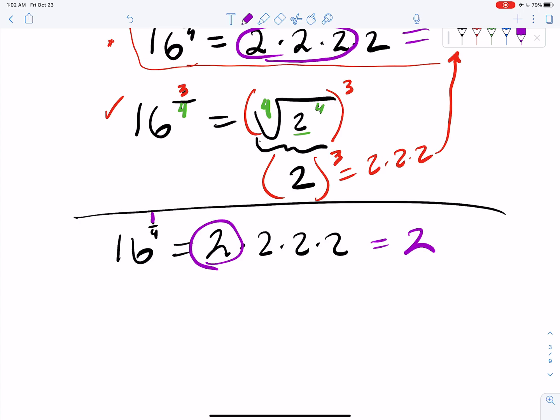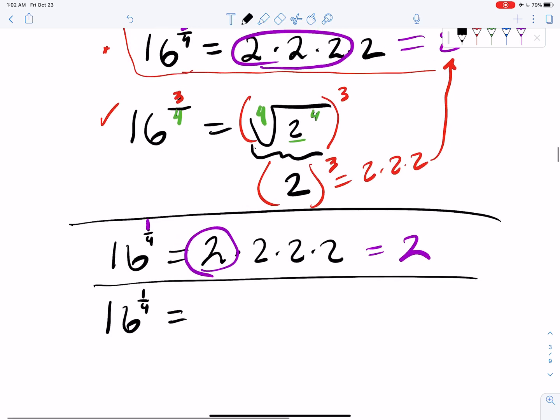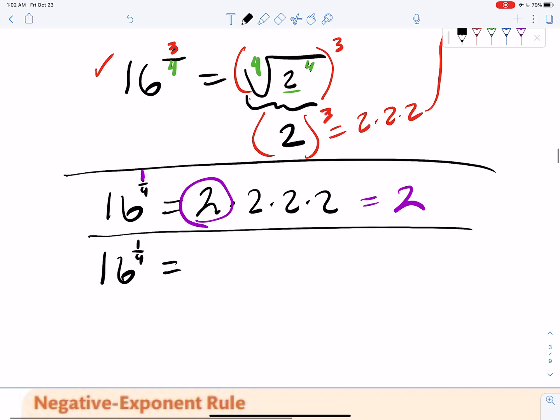Okay, well, let's go ahead and do this again, but let's use our newfound rule. Our new rule says I can rewrite this rational exponent as a radical expression, right? The index is the denominator, so it's a 4th root.